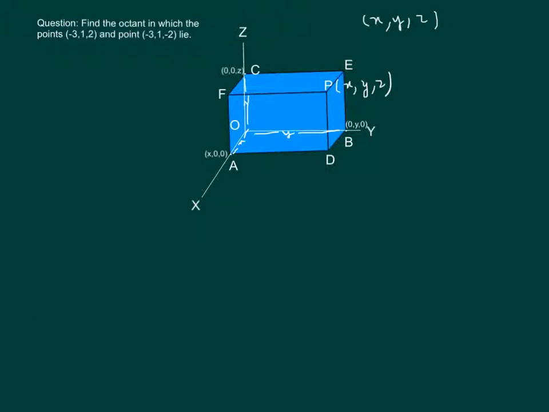Let us look at another question. Find the octant in which the point (-3, 1, 2) lies and the point (-3, 1, -2) lies. We take up the points one by one. Start with (-3, 1, 2).